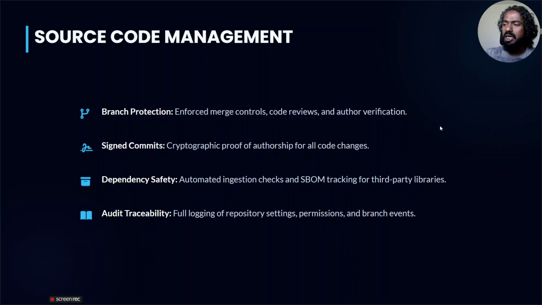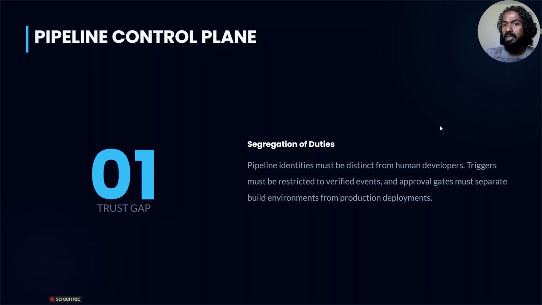And then comes the CI/CD pipeline control plane itself. This is where many teams completely lose the plot. Pipelines are not scripts. Pipelines are identities with superpowers. They pull code, they fetch secrets, they build artifacts, and they deploy to environments humans are not allowed to touch.